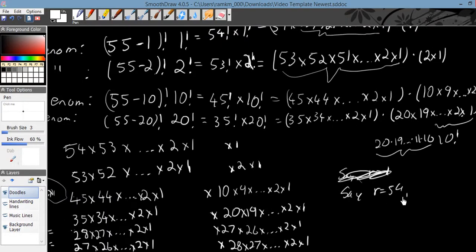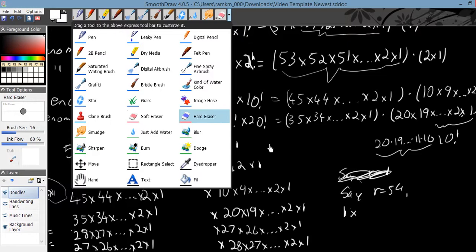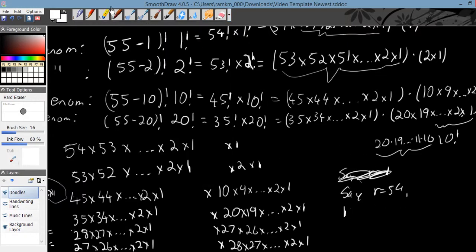Okay, so if r equals 54, I'm going to write it below here. 55 minus 54 factorial, well, that's just 1 factorial, right? So I'll just write 1 here. Well, that's our 55 minus 54 factorial, but then we have the 54 factorial part. So that's going to be 54 times 53, and so on, times 2 times 1.